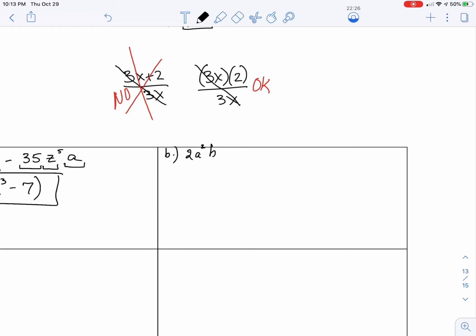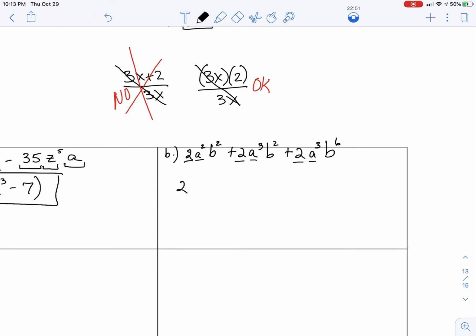We have 2a squared b squared plus 2a to the 3rd b squared plus 2a to the 3rd b to the 6th. All right, so what do they have in common? Looks like they all have a 2. So let's pull that out. It looks like they all have a's.